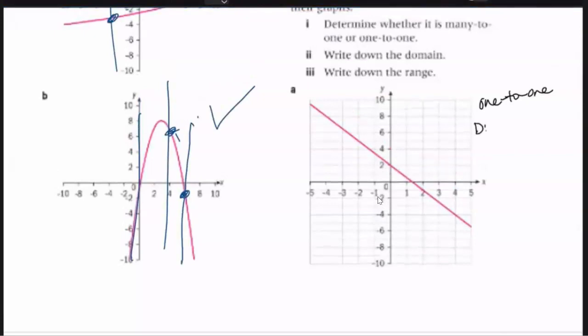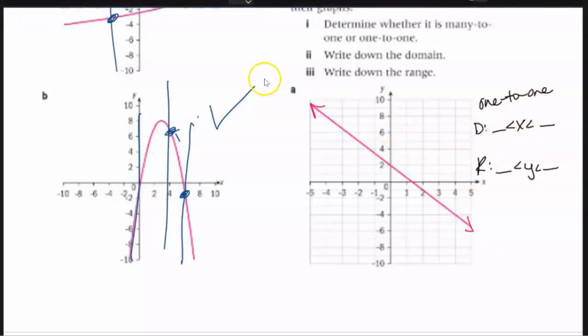So my domain is going to be number less than x less than number. Range is going to be number less than y less than number. Now if I'm looking at my domain, we have to consider what's my least amount of domain? Notice there's no endpoints, which means, like we talked in class, this is implied, it goes on forever here. Similarly, since it doesn't have a dot and does not signify there's an endpoint, it goes infinitely here.